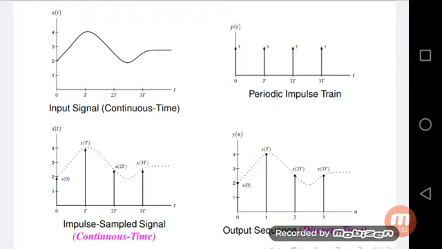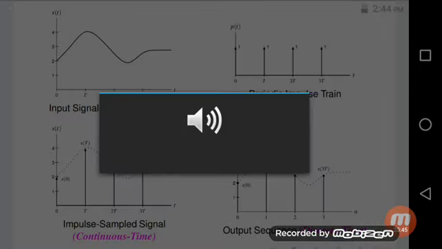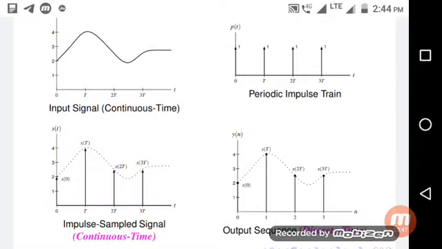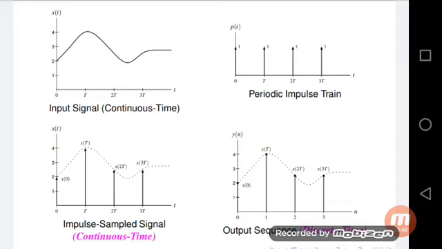Impulse sampled signal means the above wave is split into equal intervals, x of 0, x of T, or 0, T, 2T, 3T, or 1, 2, 3, 4, 5, 6, 7, or a, b, c, d, e, f, whatever is taken.